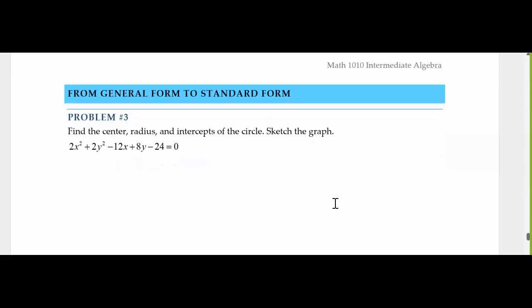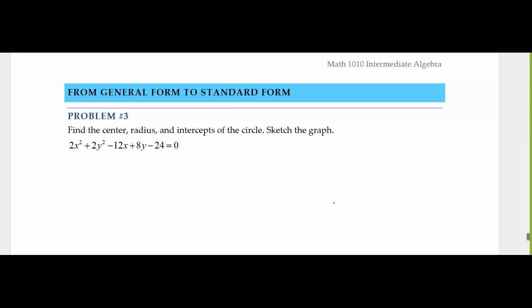Let's start off here. I want to change this question that we're going to be doing. I'm going to change this first equation because I want to make it something that's going to be a little bit easier to deal with.